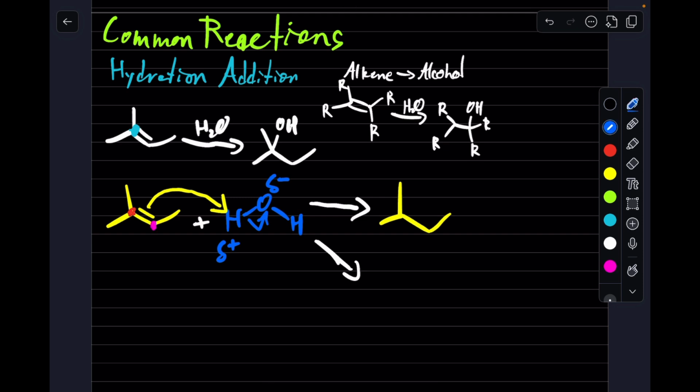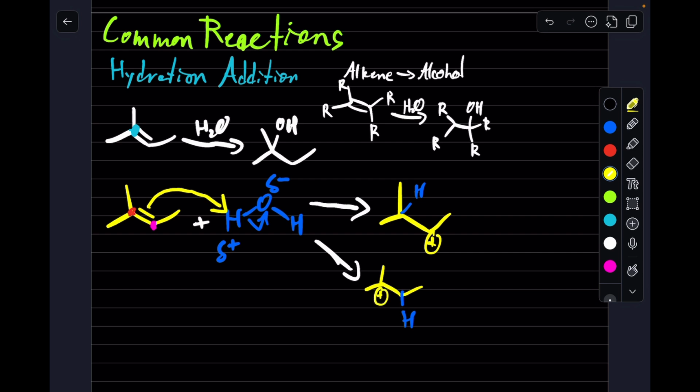So the hydrogen could be here, or it could be here. However, there's going to be a cation that shows up in 2 possible places, depending on where the hydrogen went.